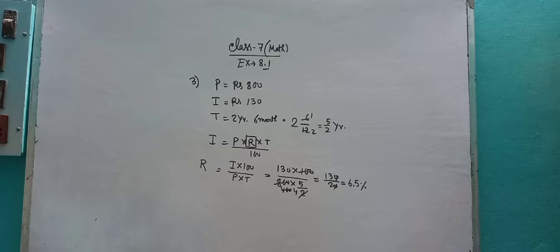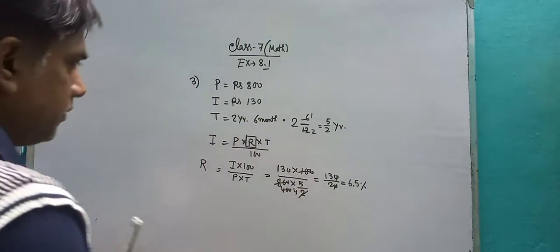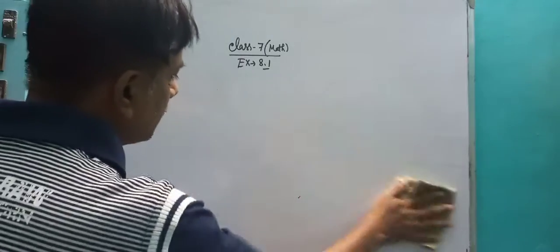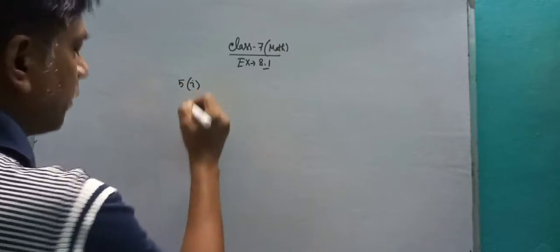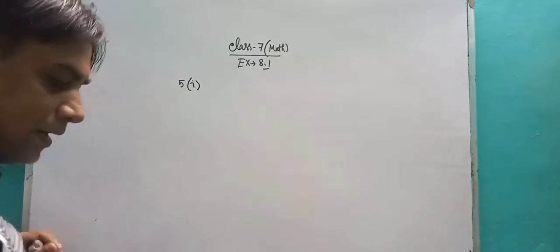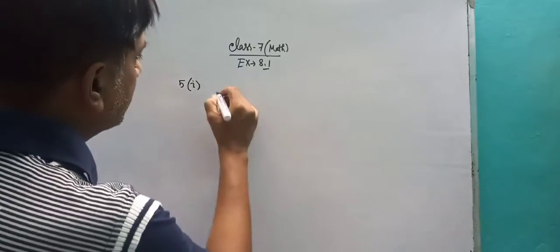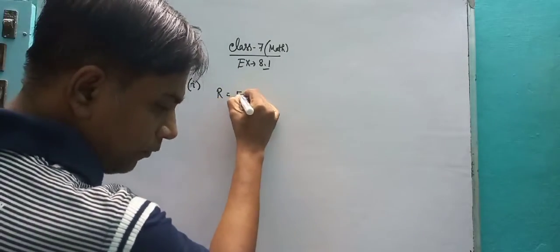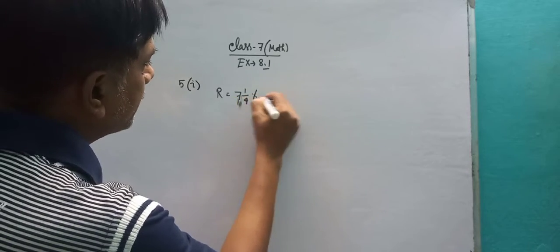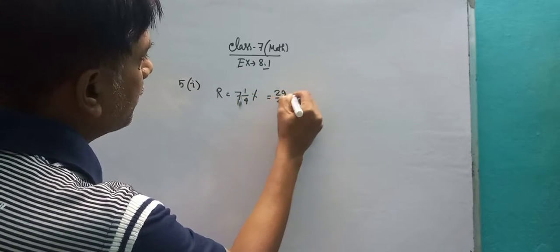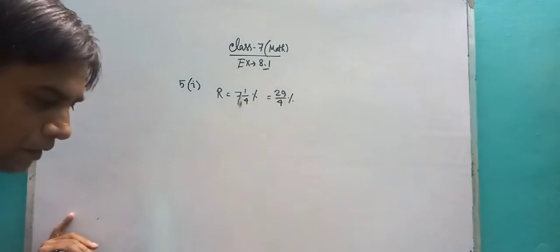Okay, next part. Suppose 5 and 1. Simple interest at rate 7 whole number 1 by 4%, that is 29 by 4%, for 2.5 years.